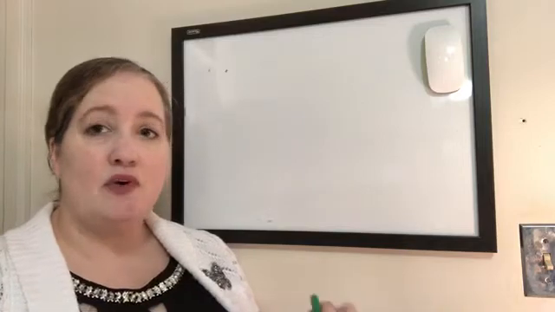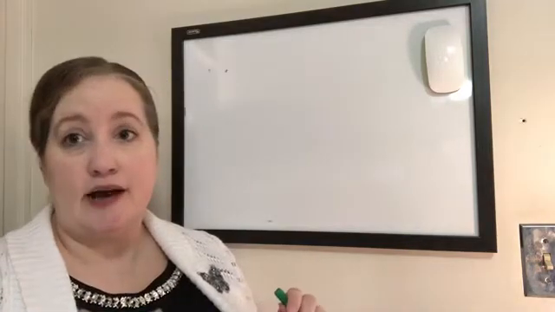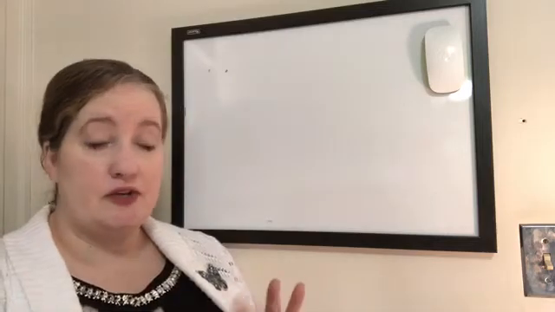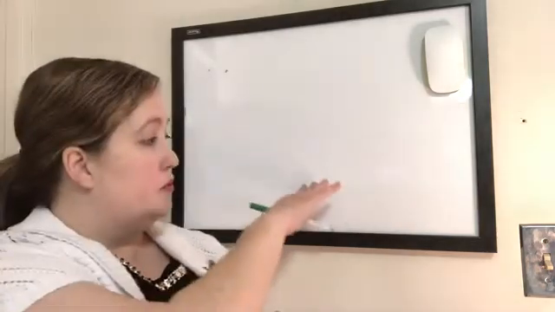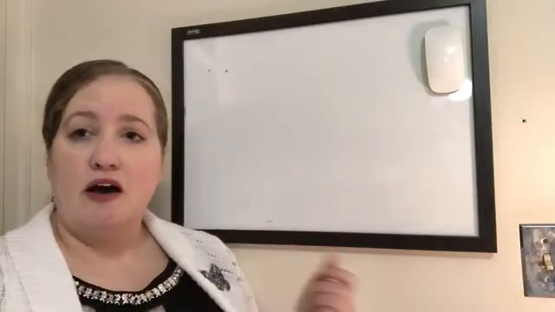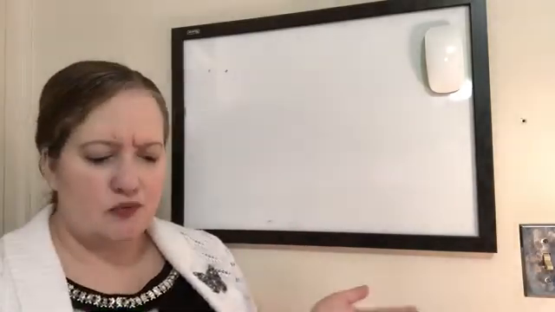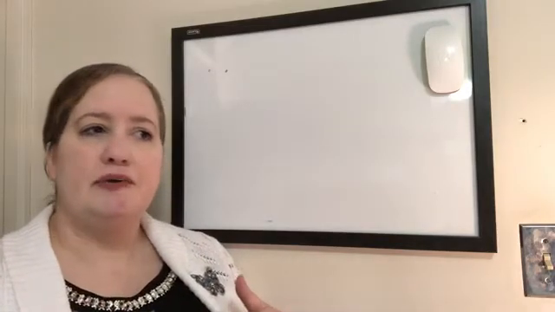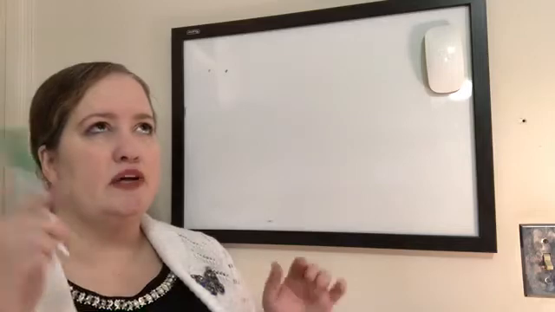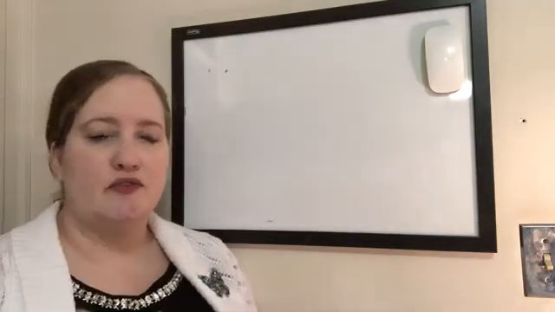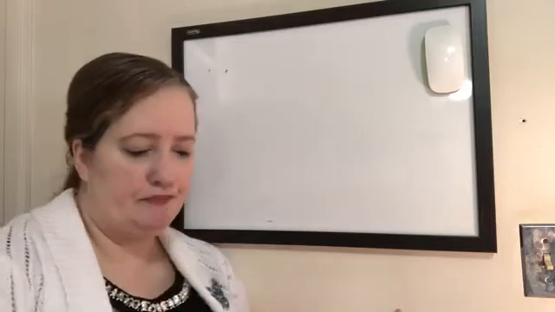So let's say I want to write about my cat, but there's different ways that you can plan. You can make a web on your board, and I'll show you how to do that in a minute. You can make a list. Before you even do that, you can just think and read. Think or read about your topic, or just think, I want to say this and this and this, and then write it on your paper in list form. So there's not a wrong way to do it.